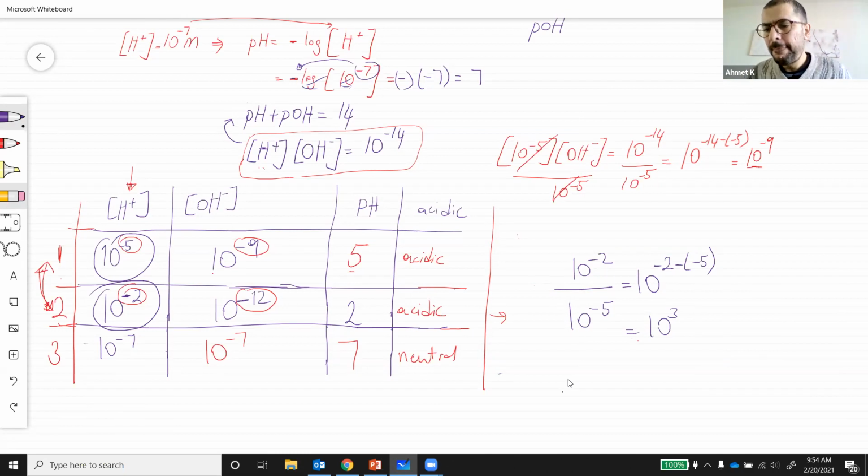The pH gives you a sense, but in actual numbers it's going to be 1,000 times stronger than the first solution. And you can compare the second one, the third one, etc. As you can see, if you change the pH by 1, you're making it 10 times stronger or 10 times weaker.